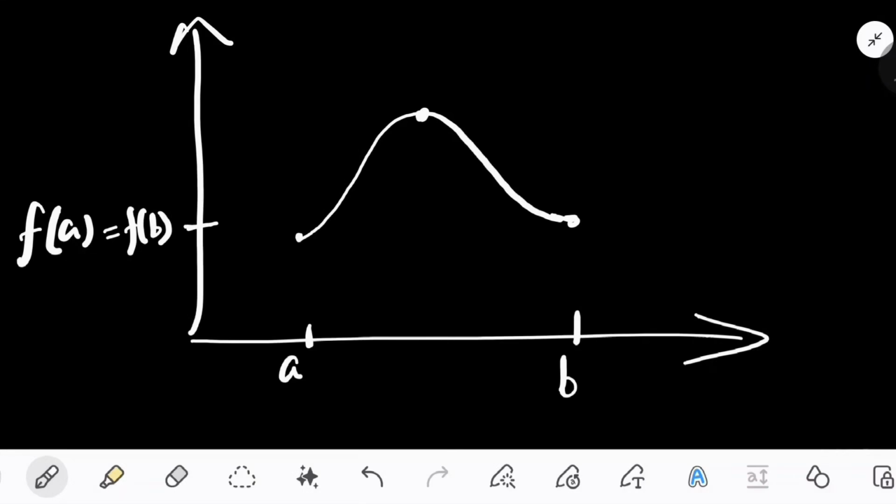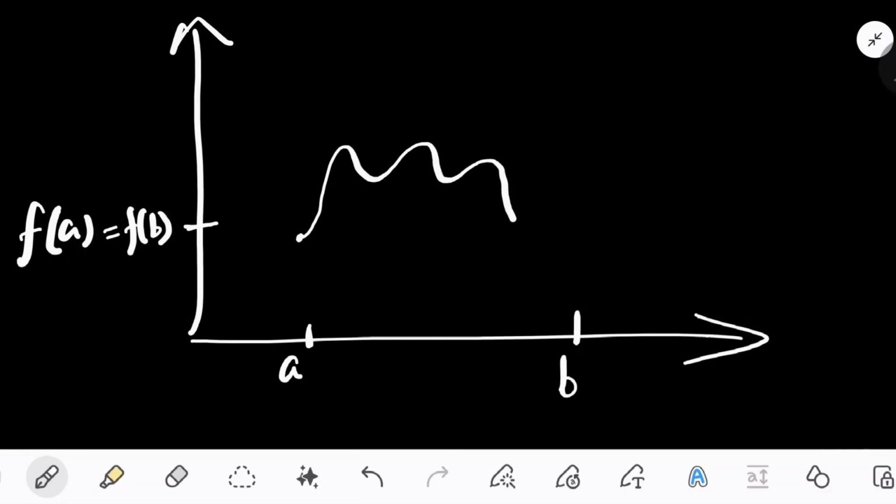Since f a is equal to f b, it means that the function will increase till a certain value and then will start decreasing. Or maybe you can draw it like this also, this and like this, right? You can get multiple peaks in this case, right? Okay, but for simplicity we will look into the basic idea, right?